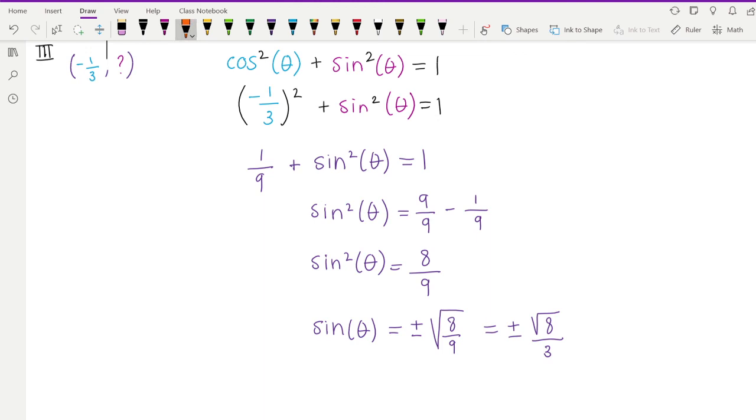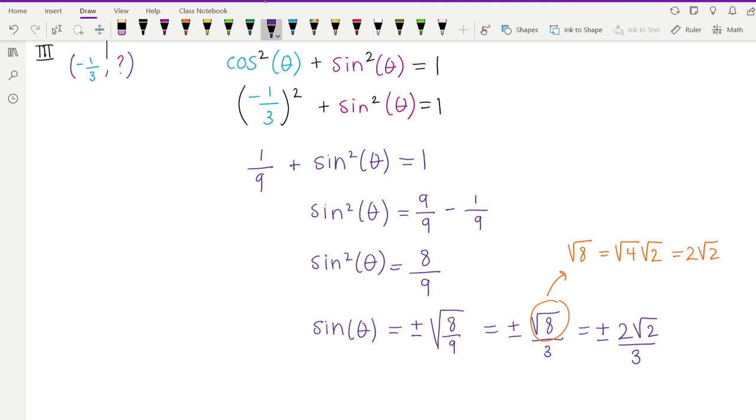And then we can actually break this number down a little bit. So square root of 8 can be written as the square root of 4 times the square root of 2, which is the same thing as 2 times the square root of 2. So that would be the simpler way of writing this. So we have plus or minus 2 root 2 over 3.